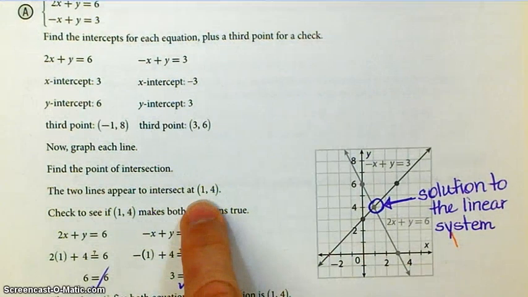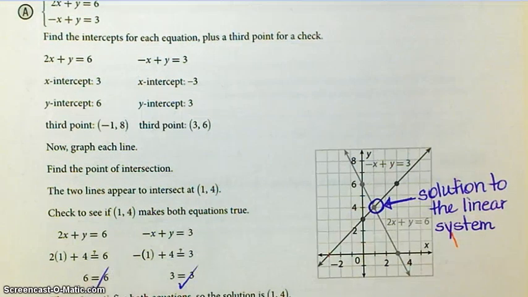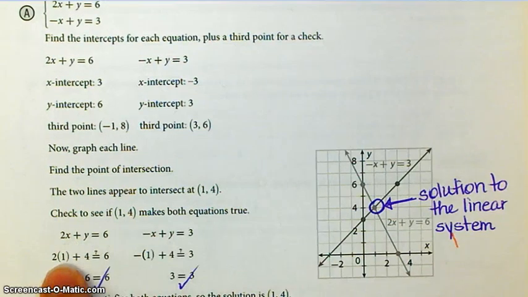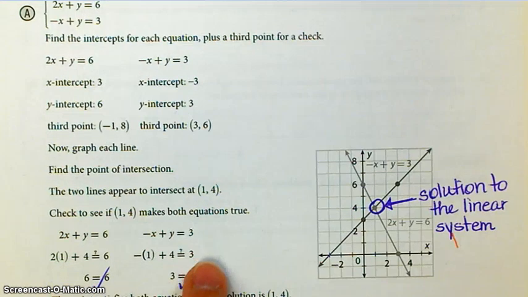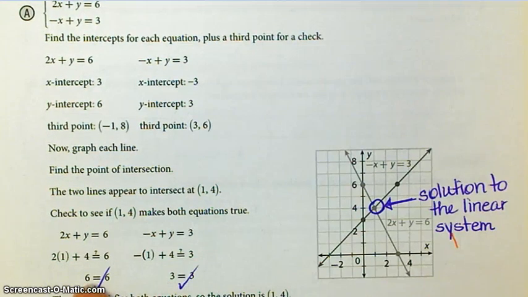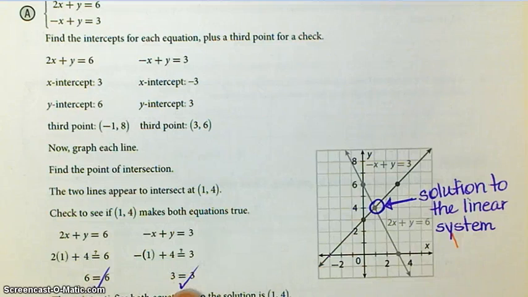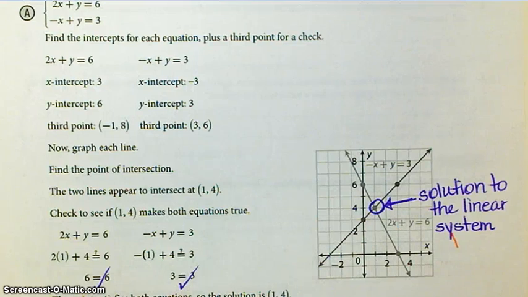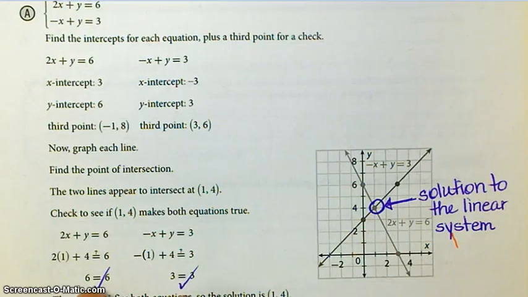I put 1 in for x and 4 in for y into both equations. Do I get a true statement for this? Yes, I do. Do I get a true statement over here? Yes, I do. So 1, 4 is a solution to this system because it makes both individual equations true.